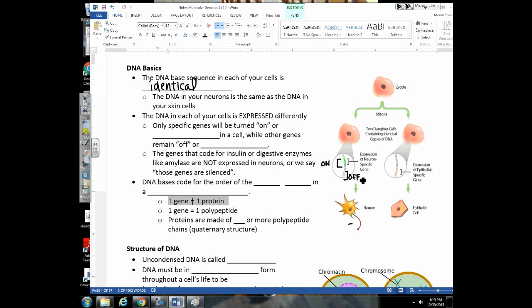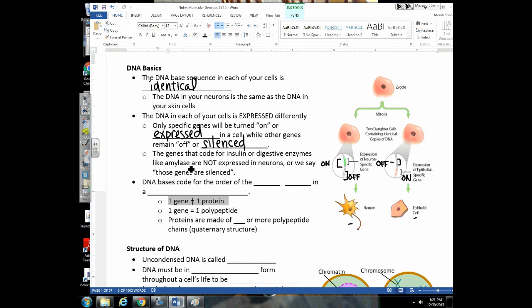Whereas in our skin cells, we can see that this top gene that was being expressed in the nerve cell is off, whereas this gene is being expressed. It's being turned on. So the reason why these cells with the same genetic code are different is because some genes are on, or expressed, in the cell, while other genes remain off, or we say they're silenced.